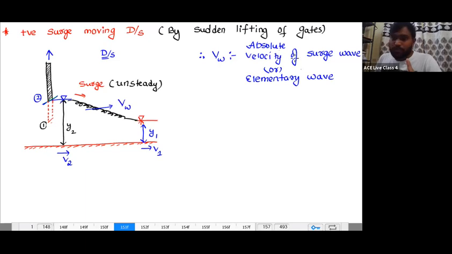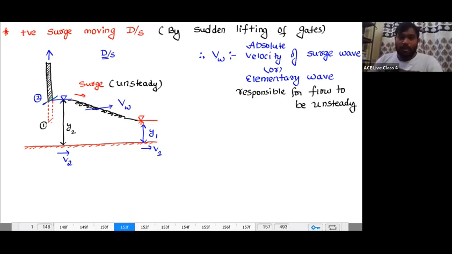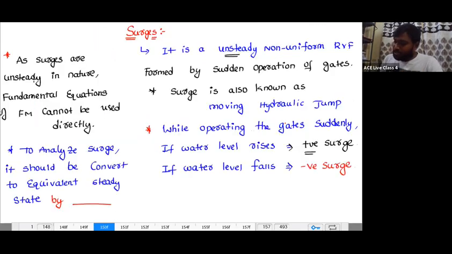VW is responsible for making the flow unsteady. Now, if I want to analyze this, can I analyze the unsteady flow directly?